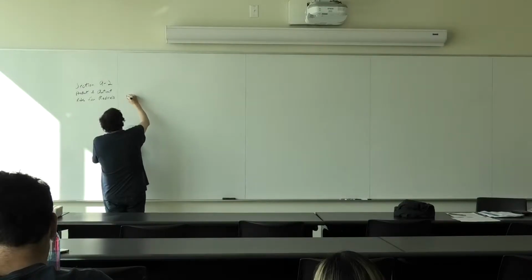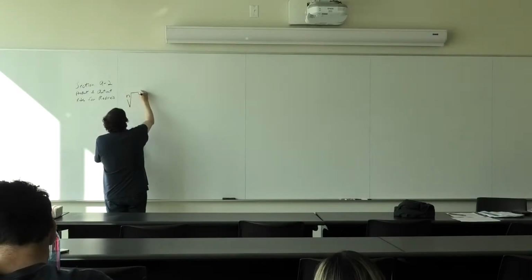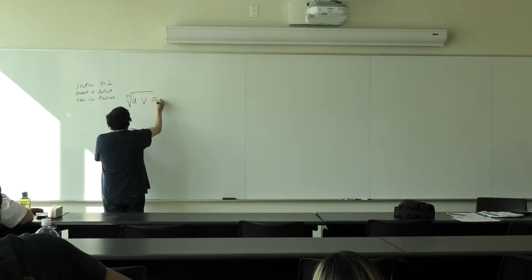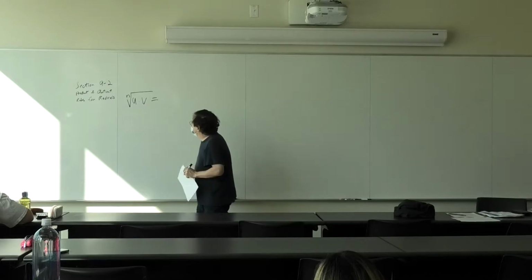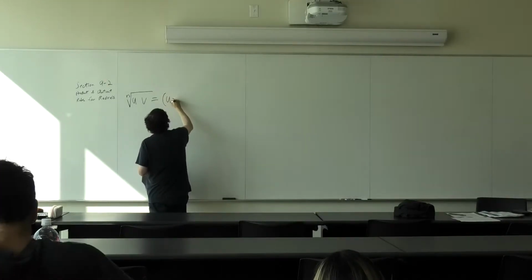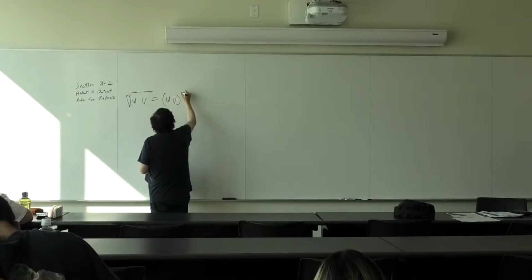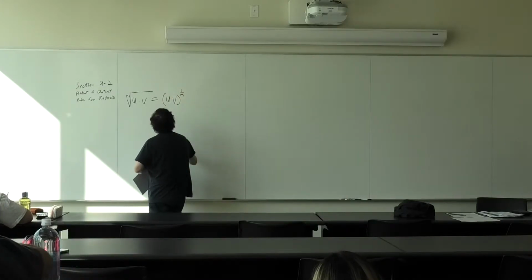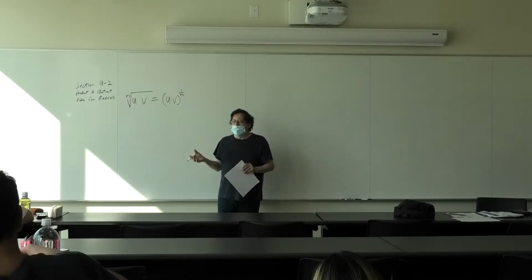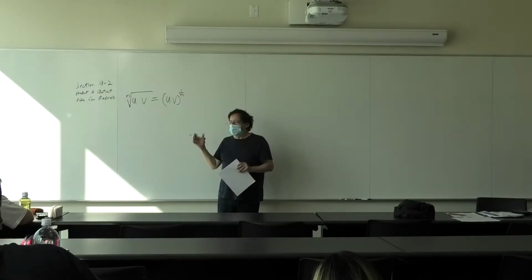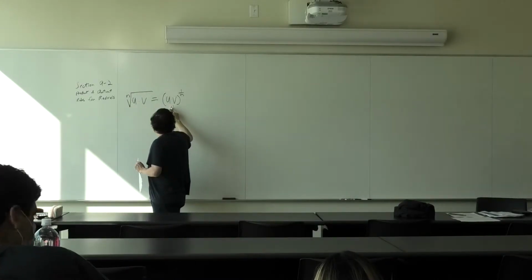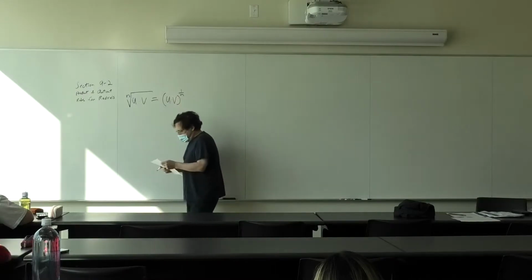First one, we have some radical, the nth root of u times v. We know from last week that this is (u times v) to the 1 over n. You might recall, like, square root of 5 is the same as 5 to the 1/2.